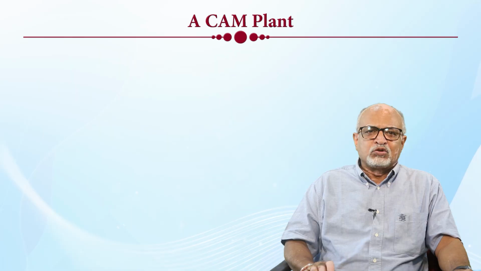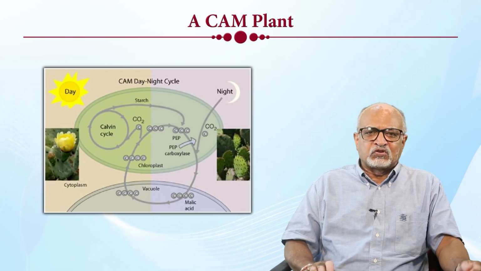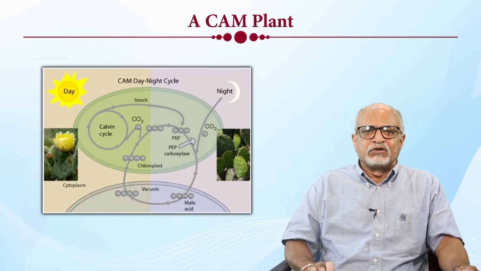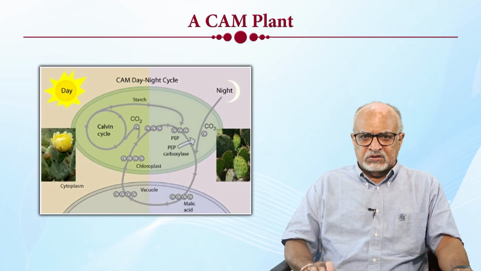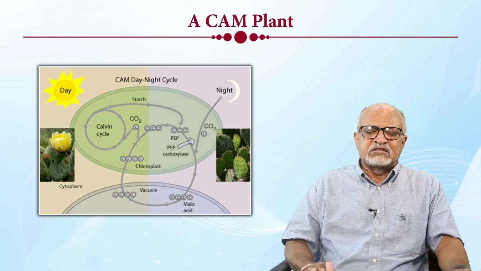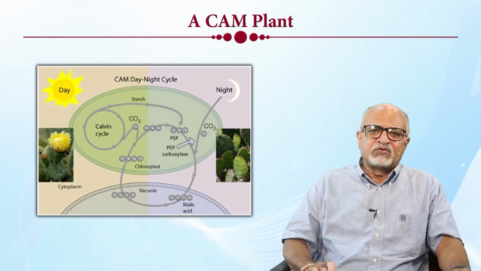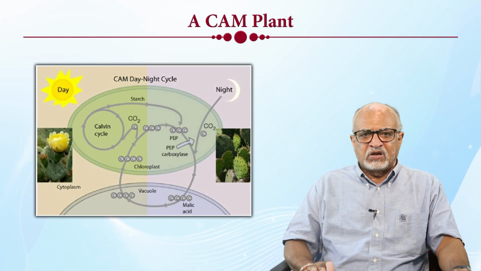So, if we were to look at a diagram on your screens, you find that both these processes are occurring at different times and in different compartments. So, we call this a spatial as well as temporal isolation.